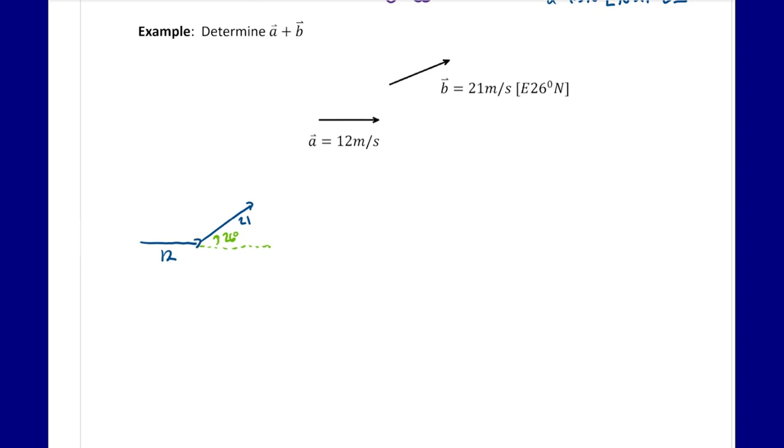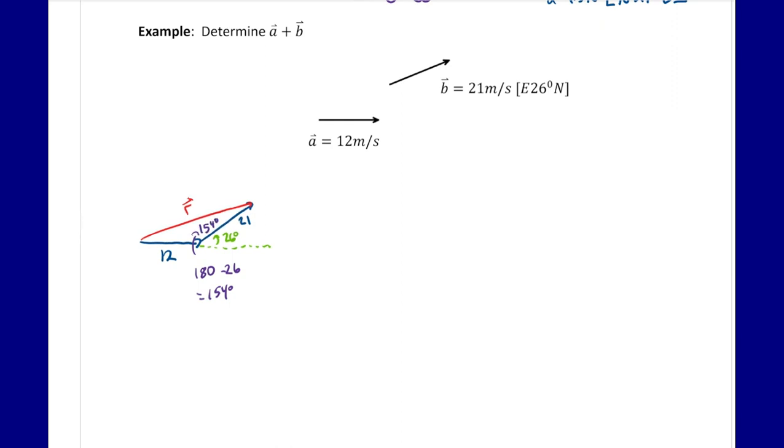And the reason I say that is because the resultant is going to be this side. So it does help if I know what the inside angle of this triangle is. So the inside angle of this triangle, though, is 180 minus 26, which is 154. So this is 154 degrees.